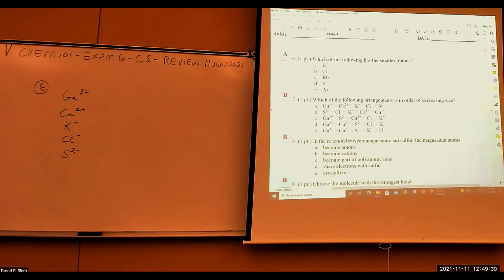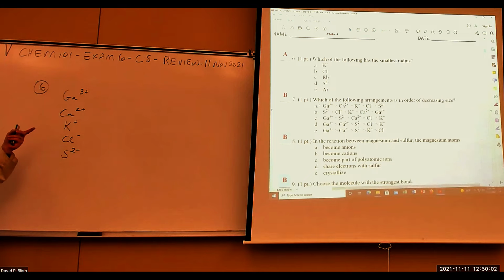Okay. Here's the way we solve this problem. Notice, these are all the preferred ions for these elements when they join in an ionic compound, which means that they probably look like a noble gas.